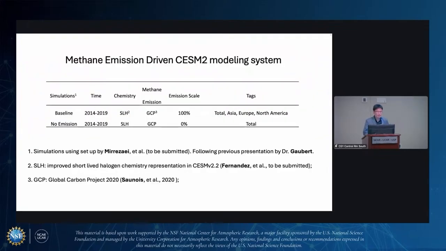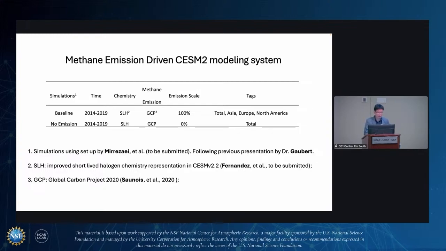Methane is the second greatest anthropogenic greenhouse gas, so understanding the impacts of its regional emissions is crucial for effective methane mitigation strategies. In our study, we run two sets of simulations, the baseline and the no-emission simulation.